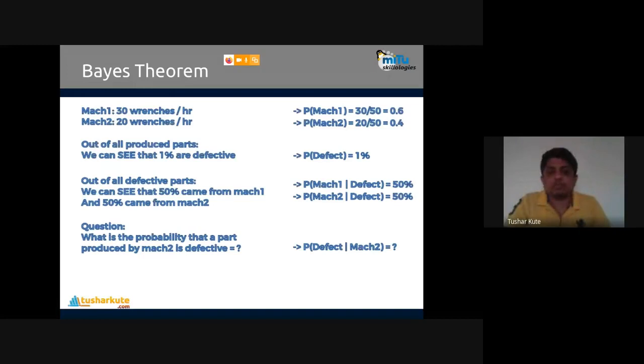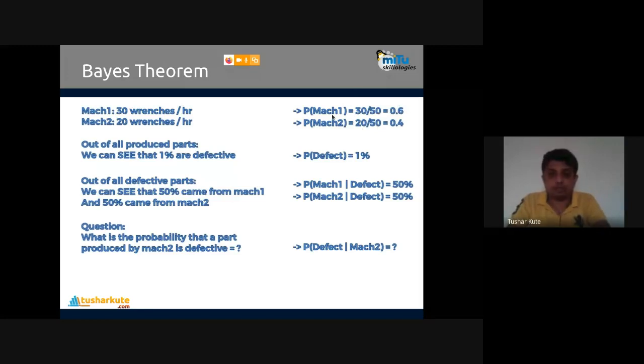Out of 50, the probability of a spanner from machine 1 is 0.6 because 30 are from machine 1. Second case, the probability of a spanner from machine 2 is 40% because 20 out of 50 spanners are from machine 2.